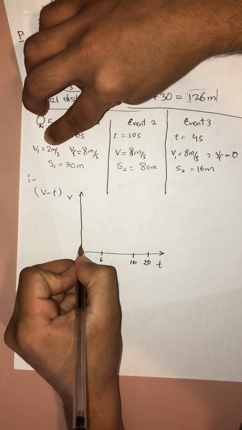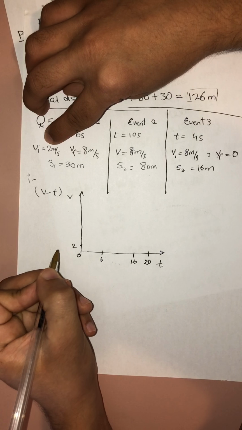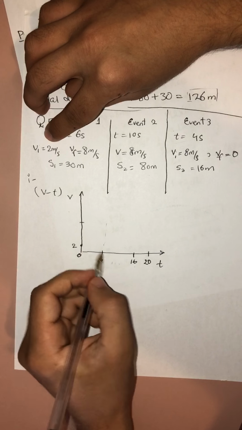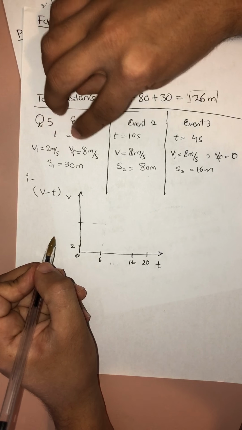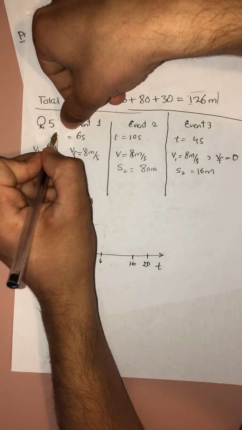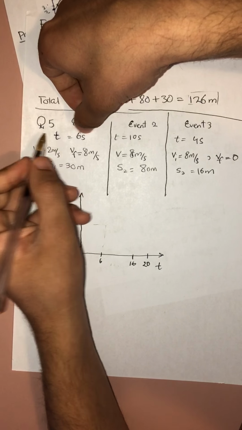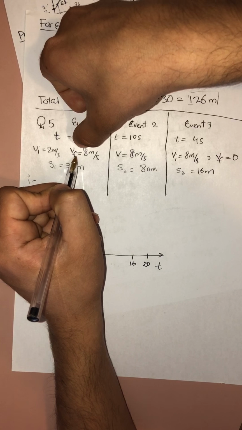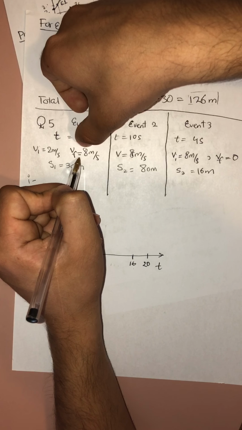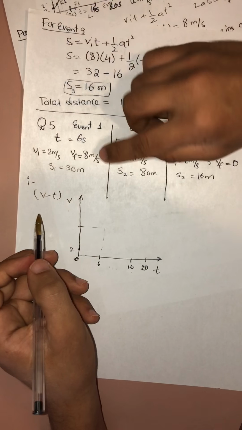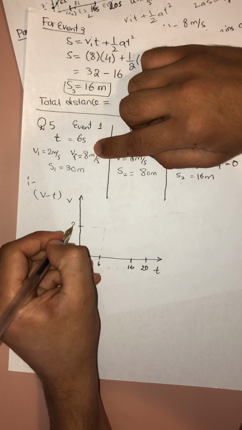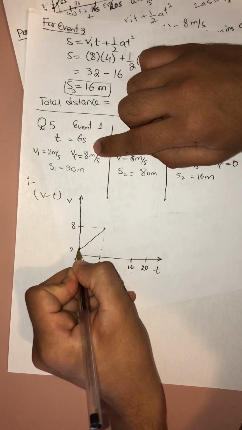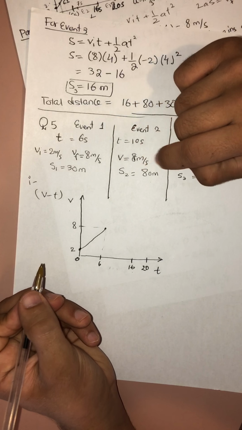This is the velocity at 0 second. And at 6 second our velocity is 8, because the time of this whole event is 6 seconds, and it's also the time at which our final velocity is determined. So at 6 second we have a velocity of 8. Now you can join this point and this point to get one part of our graph.